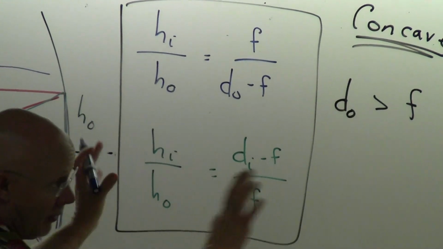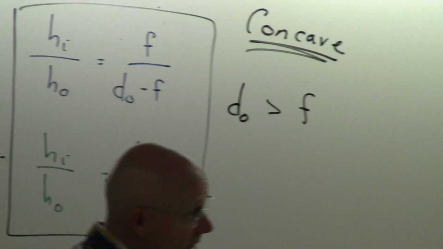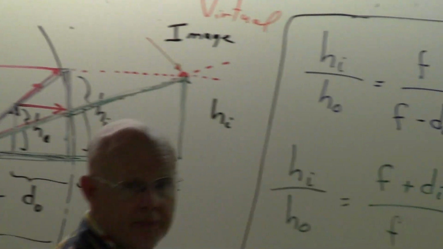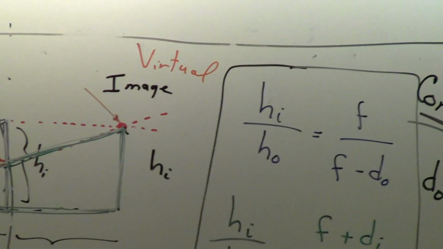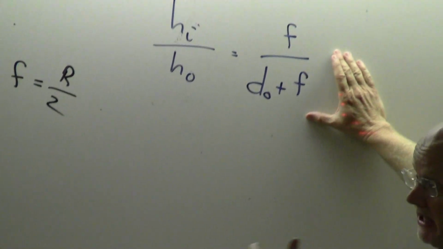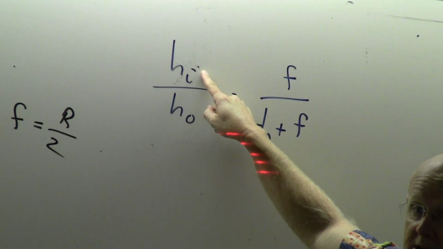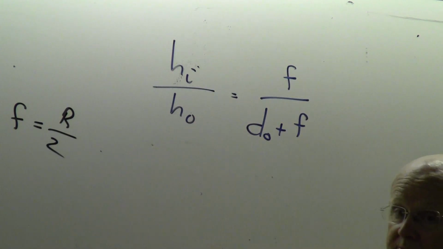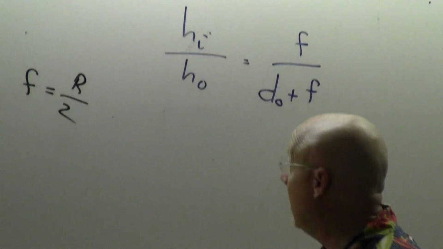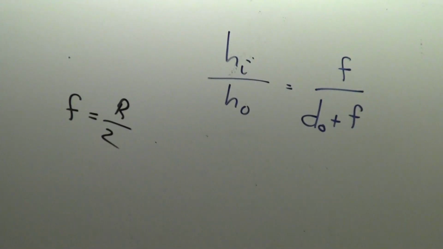Each of those, although they switched, at least had a minus sign. This one over here has a plus sign. And of course, with the plus sign, you can see that this ratio right here is always less than 1. And so that's why I was saying this will always give you an image height that is less than 1. And so your image will always be smaller than your object, to get this ratio less than 1.